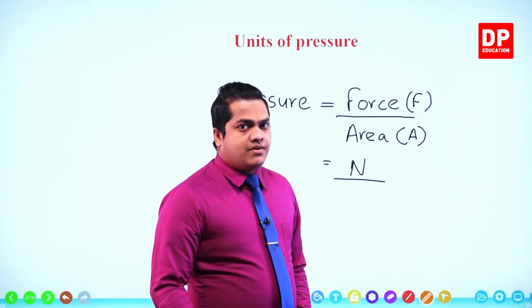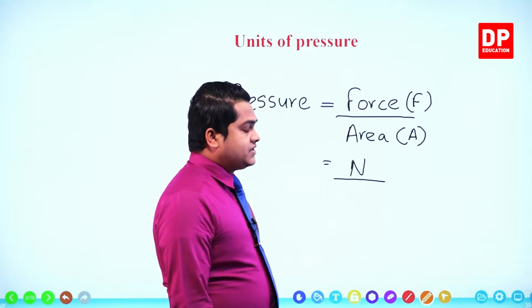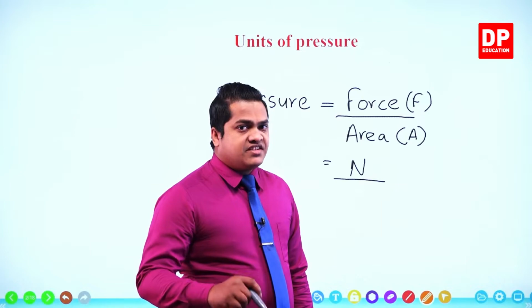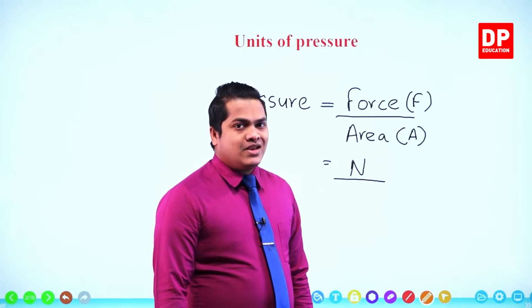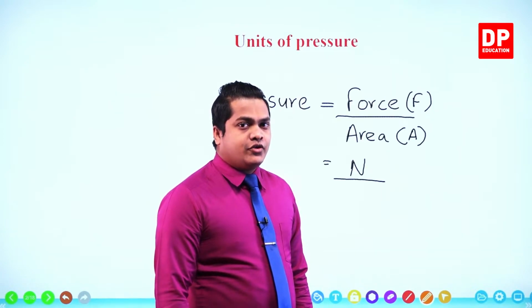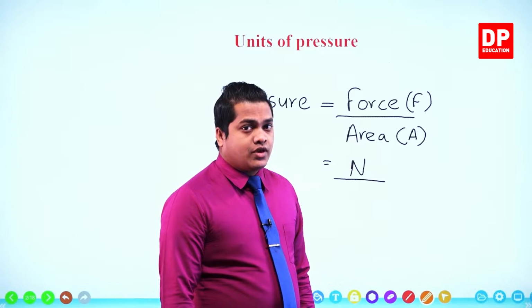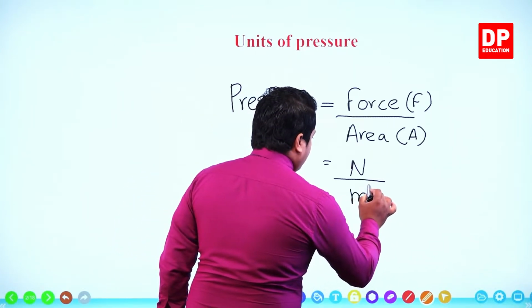Therefore we can mention the area of a solid surface as meters into meters, as square meters. So square meters is the international standard unit of measuring area. Always remember square meters, m to the power 2.